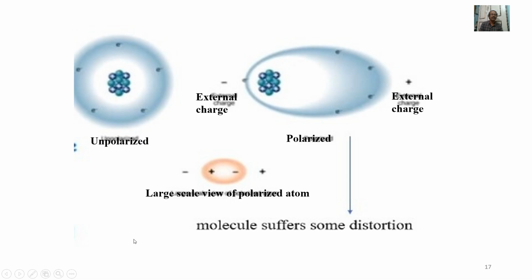We have the neutral atom in which the center of positively charged particle exactly coincides with the center of negatively charged particle. And here, after the application of the electric field, these charges are separated. This is what we call polarization. And this is a large scale view of polarized atom. Some distortion takes place, so the molecule suffers some distortion.